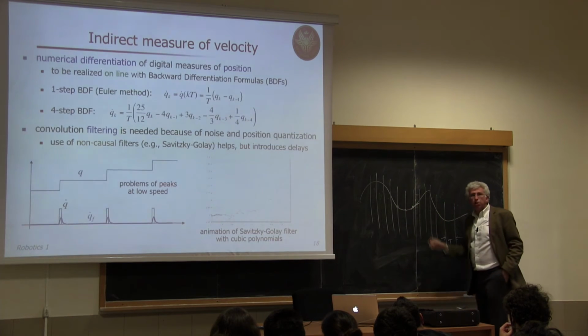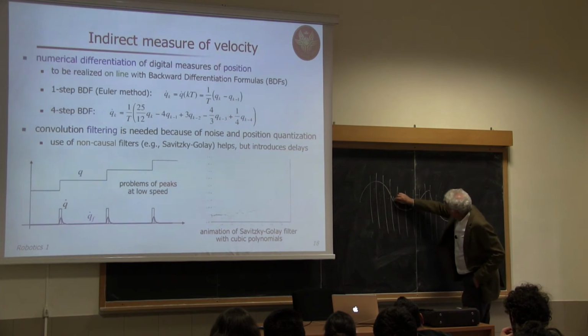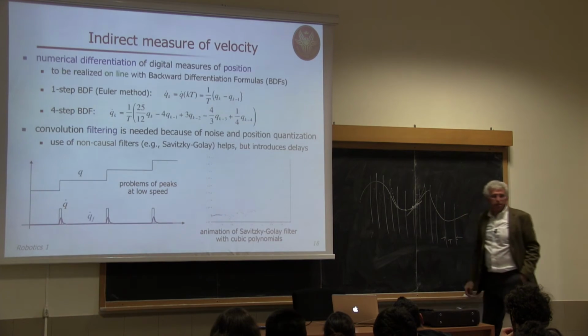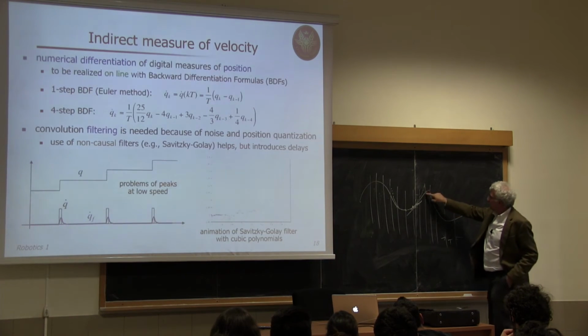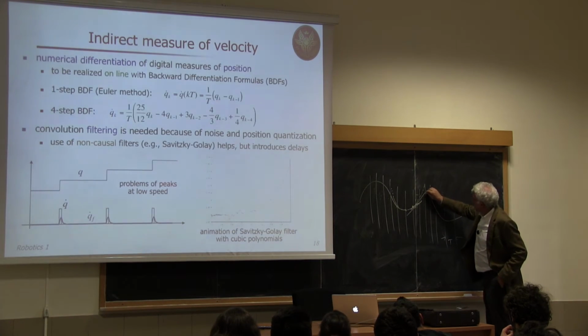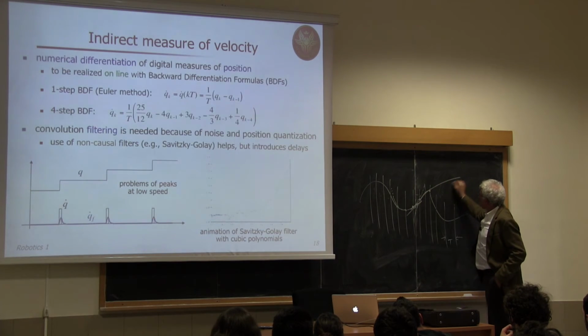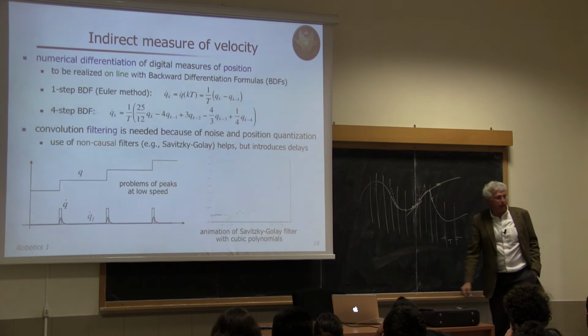You fit some polynomial here, and this polynomial may fit well here. And then you take the derivative, and here it is quite good. But if you do the same thing here, and you have this data, and this data, so the current data, the previous one, and the two previous ones, then your polynomial will do something like this, and you're estimating a tangent like this, while the tangent is like that.